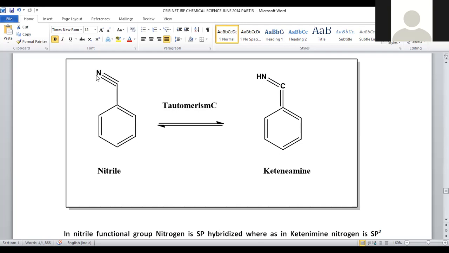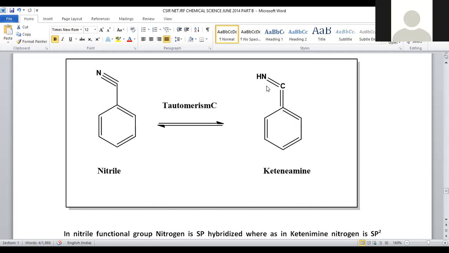So here 50% s character is there in the nitrile functional group, so nitrogen holds its electrons tightly rather than releasing them in the case of nitrile. Whenever you observe this ketenamine, nitrogen being sp2, the s contribution is somewhat less, 66% s character is there.